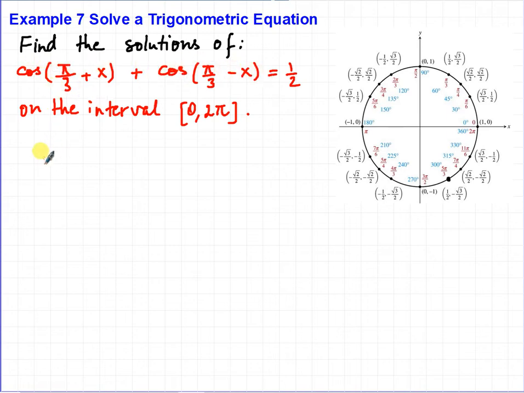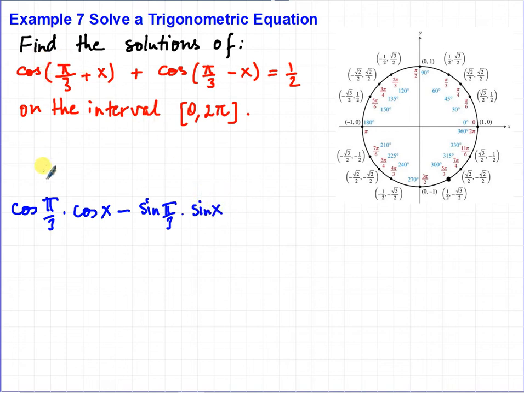So let's apply the sum and difference identities. Cosine a plus b is cosine cosine minus sine sine. So I would have cosine pi by 3 times cosine x minus sine pi by 3 times sine x.